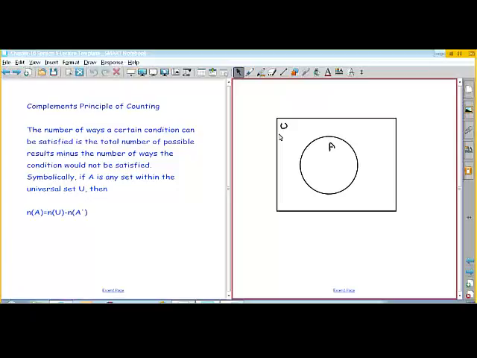So in our case of our room here, we put everybody's name somewhere in that rectangle. Now let's say the circle is all the men in this room. So we'd write the men's names in here, and we put the women's names on the outside. If you looked inside the rectangle, it would be everybody's name.